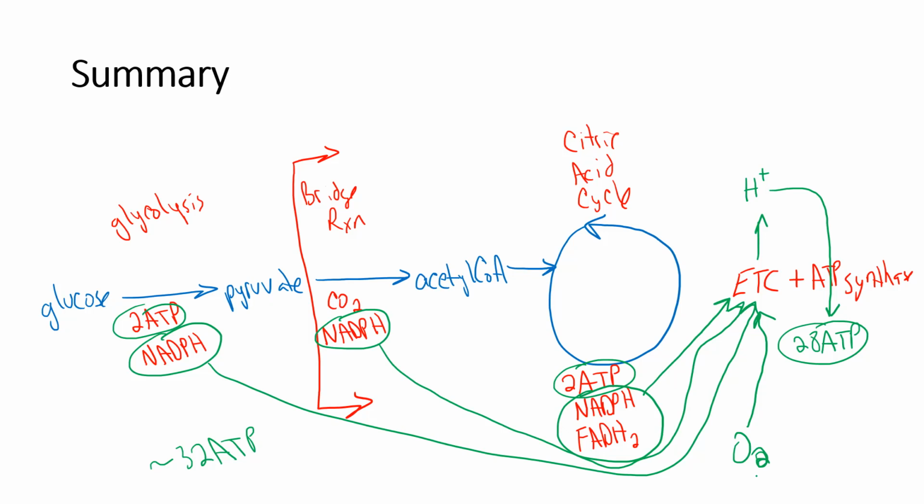So don't focus on every minute detail. I'm not going to ask you the identity of all the enzymes that are involved in the citric acid cycle or glycolysis, or even the electron transport chain, but I want you to understand the big picture here and be able to identify some of the main components, the main molecules, what NADH is, and why it's important, and how it's connected to the electron transport chain and ATP synthase and all of those things.